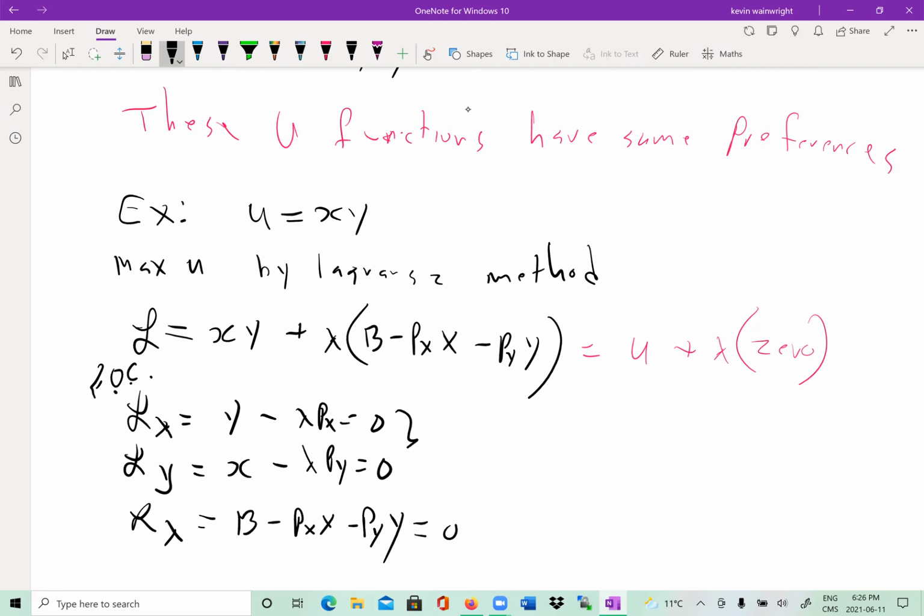If I take the first two equations, I can write them as y equals lambda px and x equals lambda py.